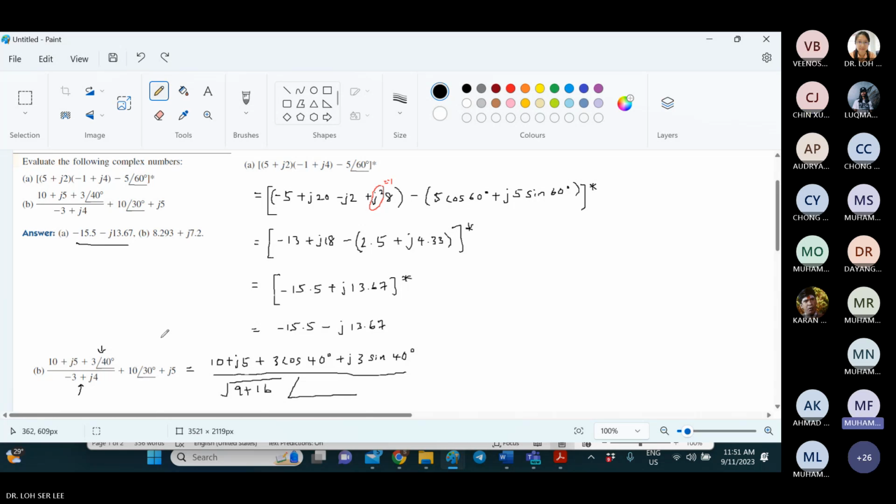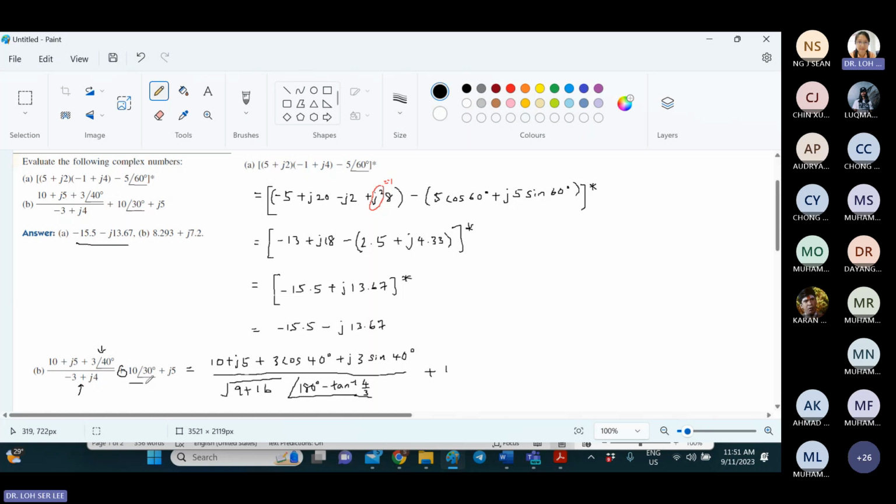Second, that means we have to use 180 minus the alpha. The alpha is arctan 4/3. And finally we sum up with this 10 plus 5.